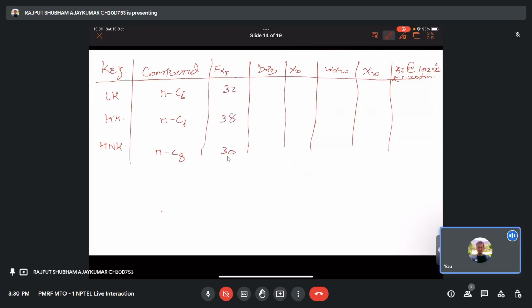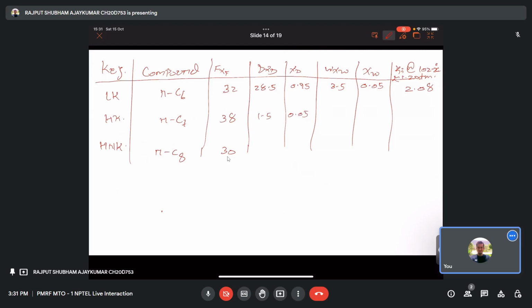We have already calculated the light key component in the previous step. Similarly, you can calculate for all the things. I'm writing it in the form of a table, that will be easier. So D into XD is 28.5, 0.95, 3.5, 0.05, and so on. Similarly, you can find out all these things. I'm just filling it up here. You can derive the same things by carrying out the component material balance.